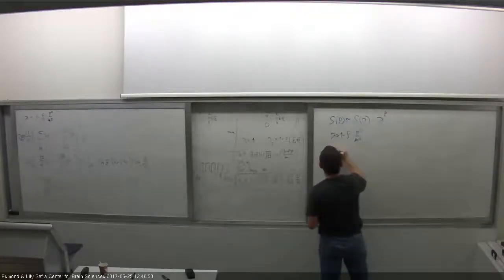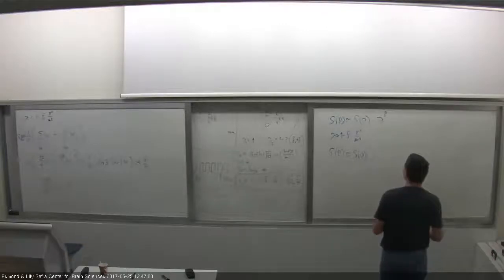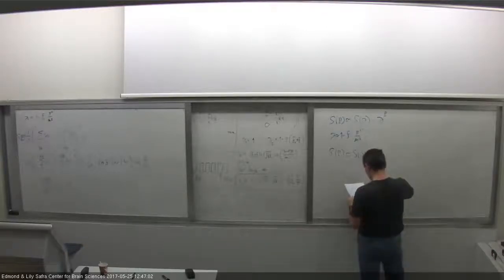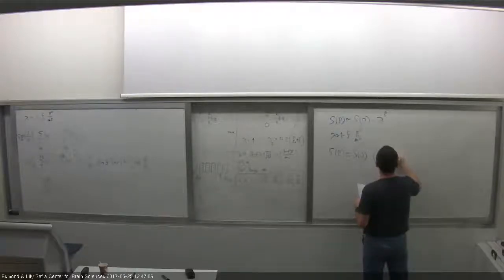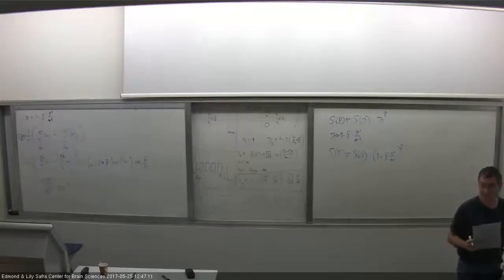So S of p will be approximately equal to S of 0 times 1 minus f pi square over m square, to the power of capital P.